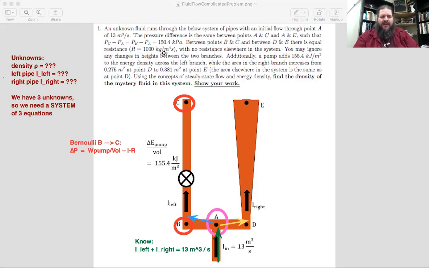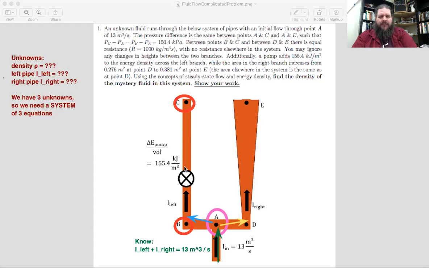Delta pressure, which is given, equals work density of the pump, which is given, minus I times R. And we know delta pressure, that's as we're going from A to C, if you think of C minus A as final minus initial, looks like that's an increase in pressure. So positive 150.4 kilopascals.